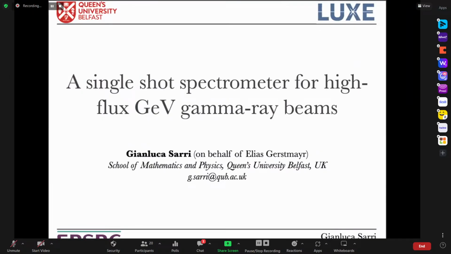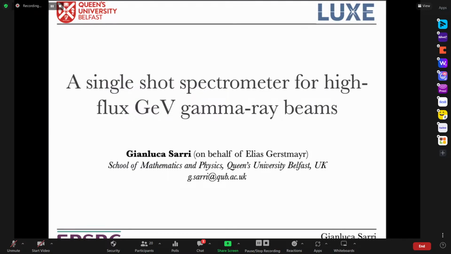The talk is on a slightly different topic. Now we are talking of a new detector that we have developed for high field physics experiments. This is a gamma ray spectrometer, which is able to operate at high flux and at high energy, GeV and above.